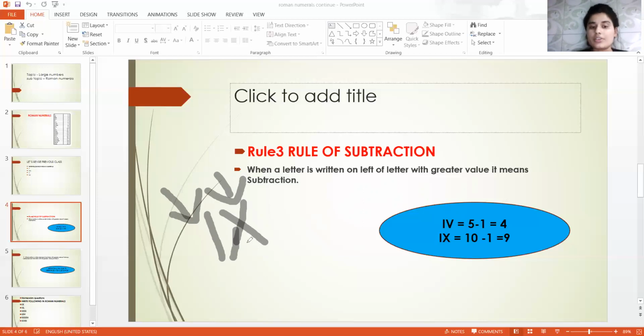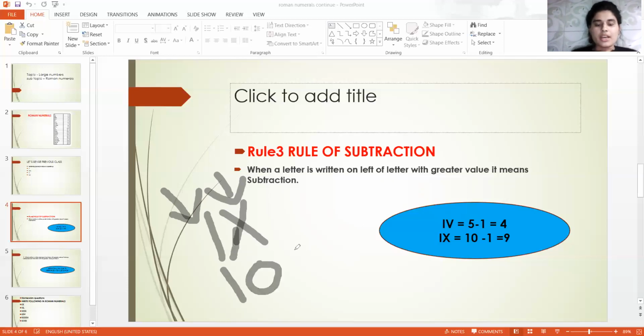So first write the value of the greater symbol. The greater symbol is X, and X represents 10, so we write 10 first.